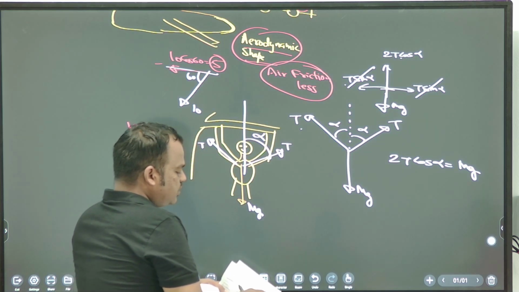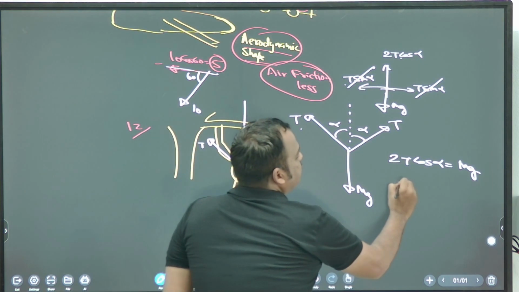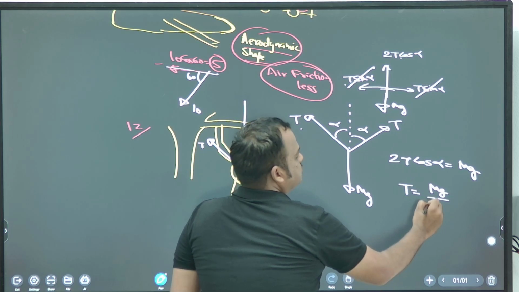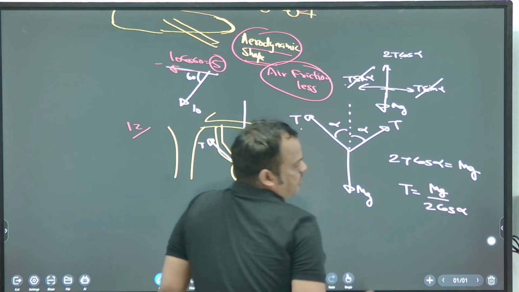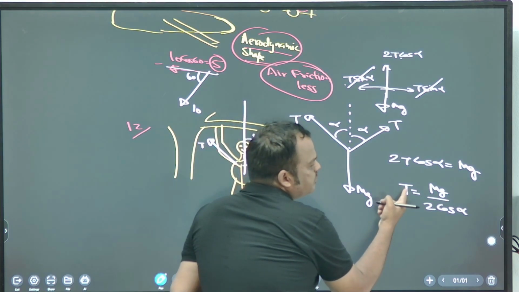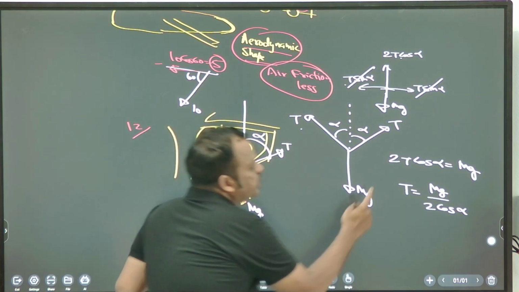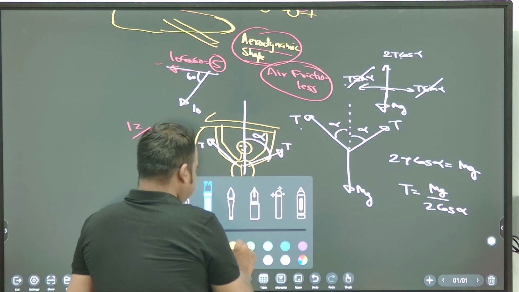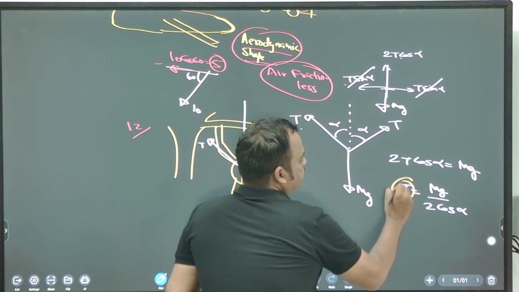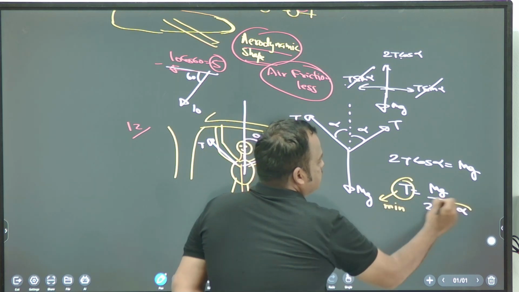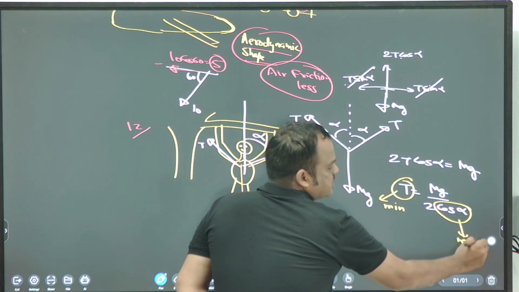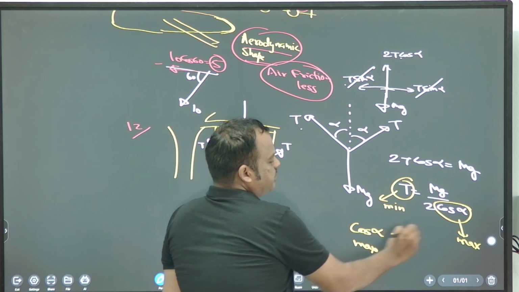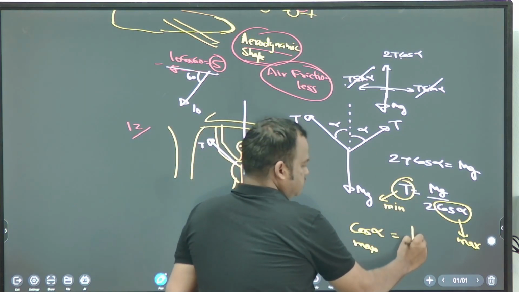Now what is the question? The tension is minimum. What is the formula for tension? mg by 2 cos alpha, correct? Tension minimum means cos alpha maximum. What is the maximum value of cos alpha? 1.